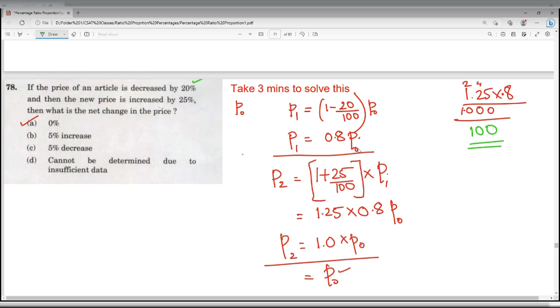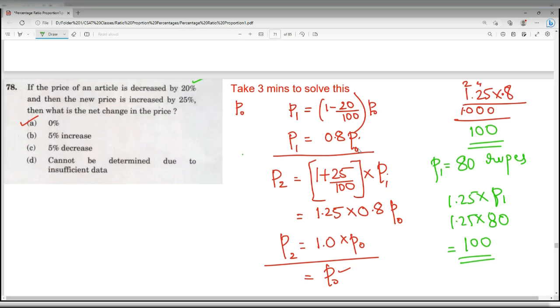They decreased it by 20%, so it becomes 80 rupees. This is P1. Now after this, they are increasing by 25%, so this is 1.25 into P1, which is 1.25 into 80 rupees, and this is nothing but 100. So the initial price was 100, the final price was also 100. So the net change is 0%. Okay, sir. Thank you.